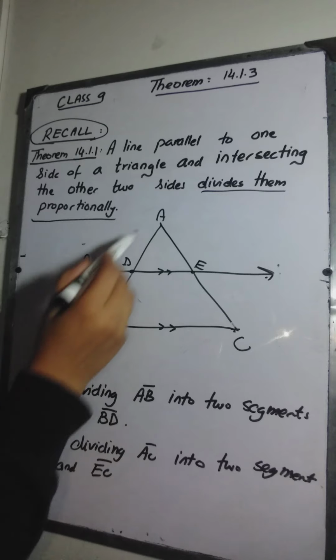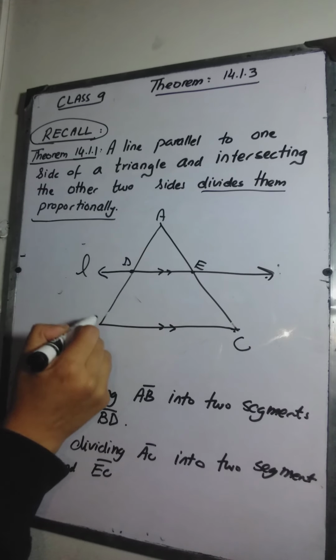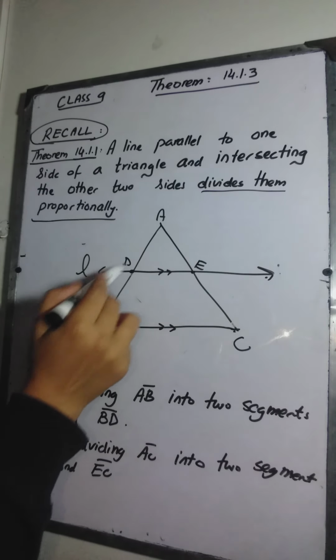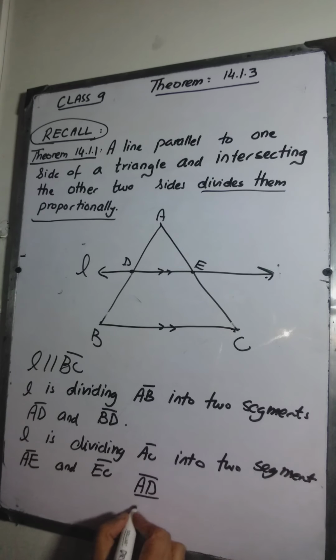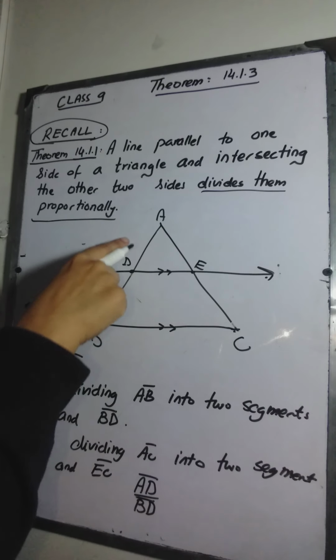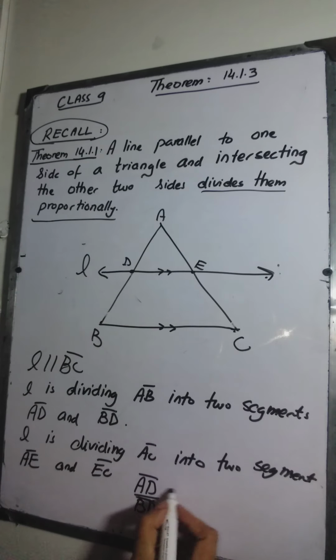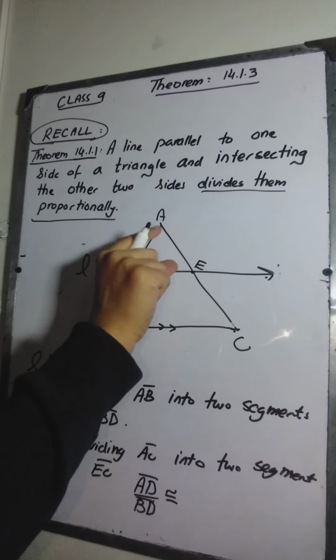Now the two segments on AB are AD and DB. If you find the ratio of these two segments, AD over BD is the ratio of the segments which this line is making on AB. Okay, and this will be congruent to the ratio of these two segments.